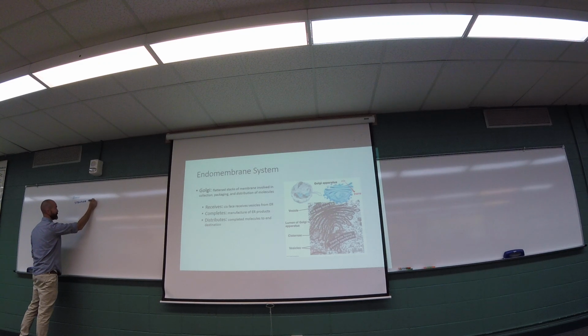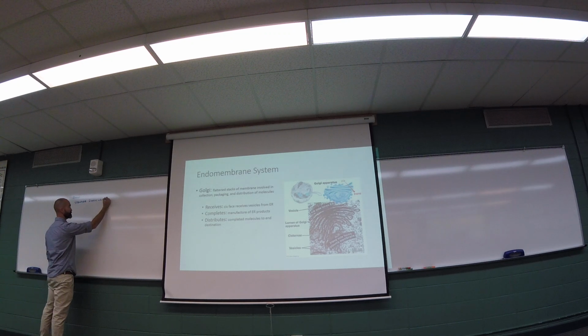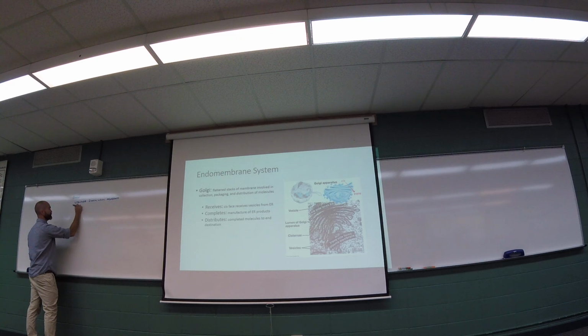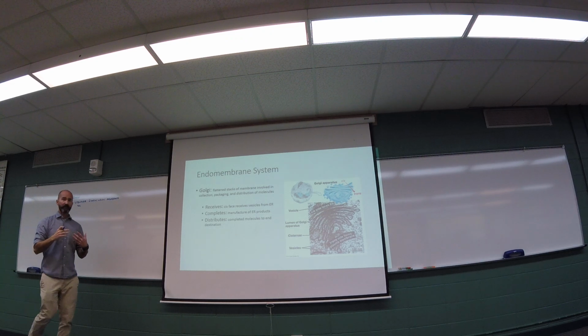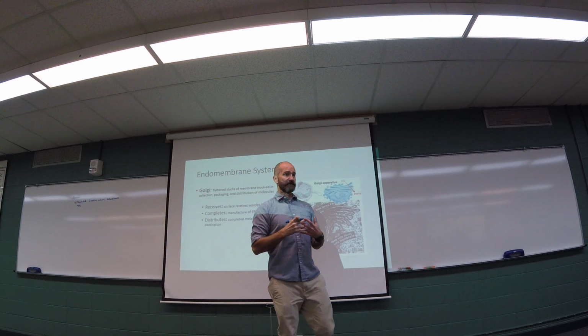I'm just going to say highly wavy, because I don't know that convoluted makes much sense to you guys. But it's a highly wavy membrane sac. And those waves of the membrane organize themselves into things called cisternae.